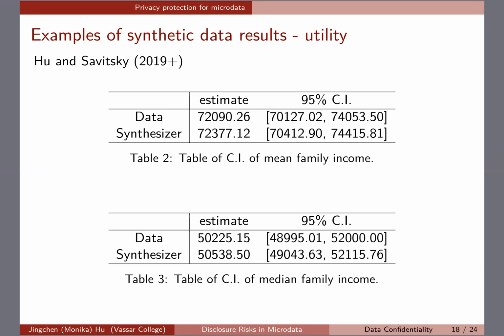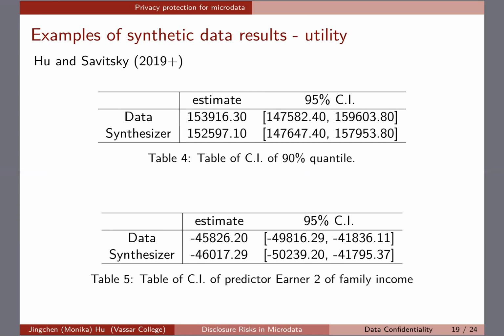You can do the mean, the median, other quantiles. And lastly, down here, you can also run regression analysis on the original data and on the synthetic data and check how close they are. This is typically what I expect you all to do in your project along the way: whenever you design your synthesizer, apply it to the data, and generate synthetic data, you want to check how good they are.